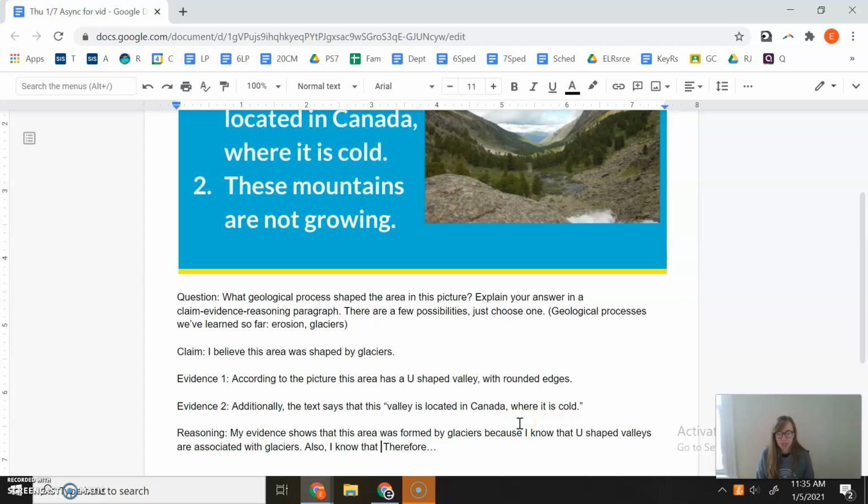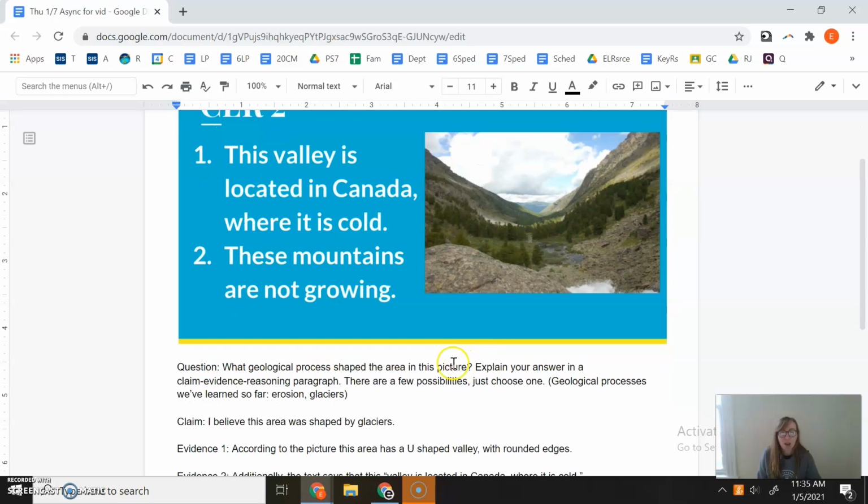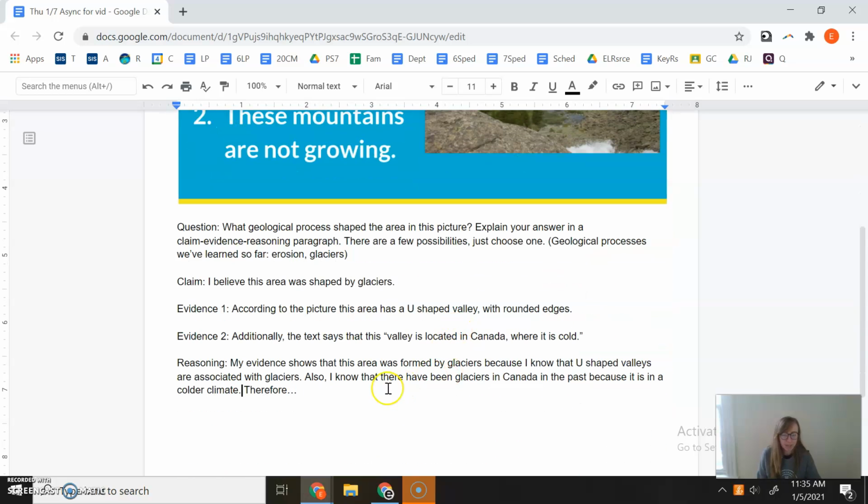Also, I know that there have been glaciers in Canada in the past because it is in a colder climate. So like if this had said that this place was in Mexico, I know glaciers haven't happened recently in Mexico, so I would know that this weren't the case, but Canada, there definitely have been glaciers, so this could be shaped by glaciers. Okay, therefore, I believe that this area was shaped by glaciers.